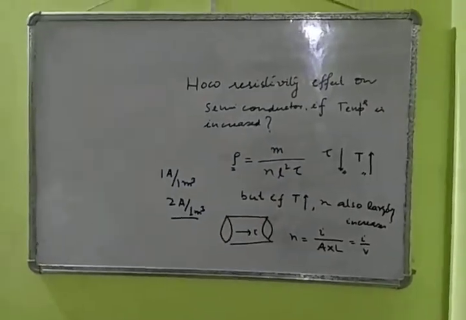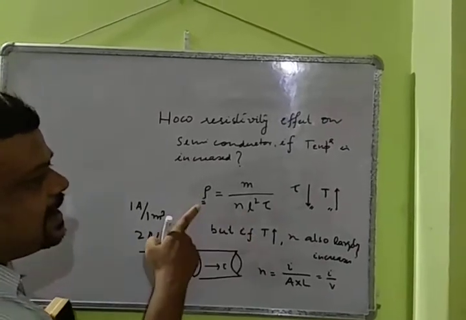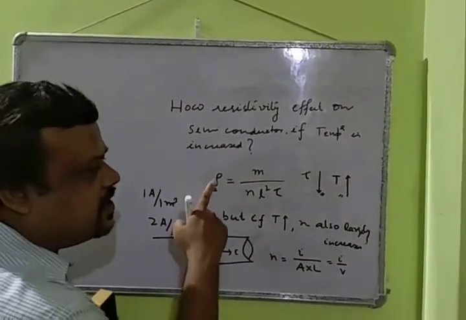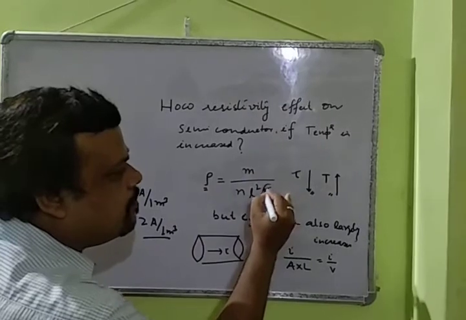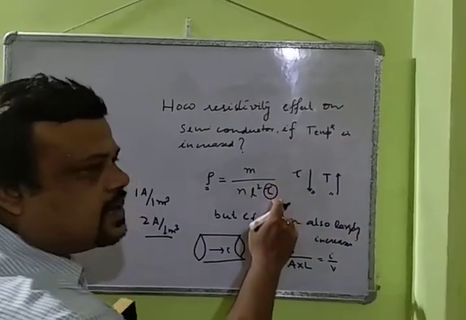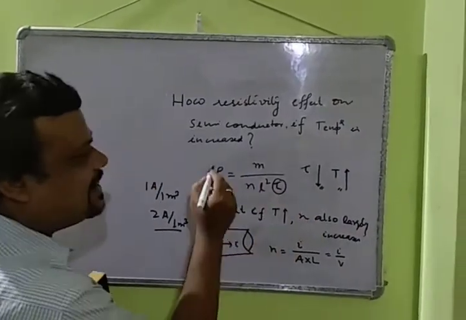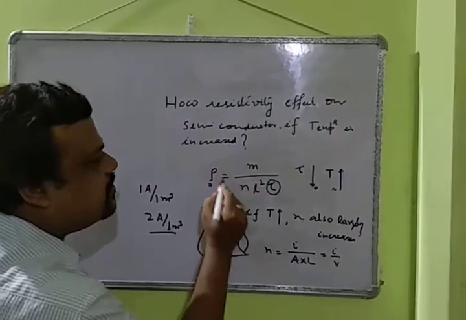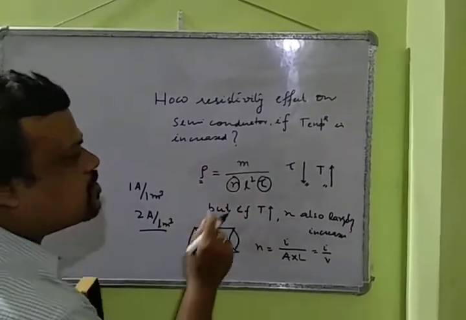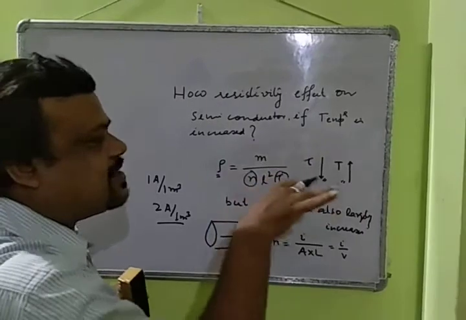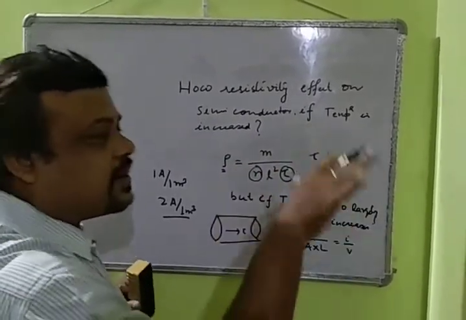Now the net effect: the increase of resistivity due to decrease of tau is lower than the decrease of resistivity due to increase of n. So the increase of n is dominant.